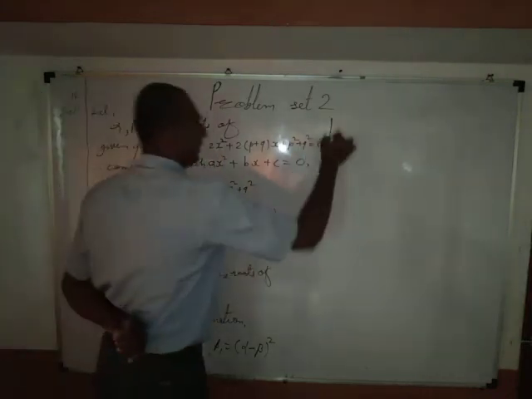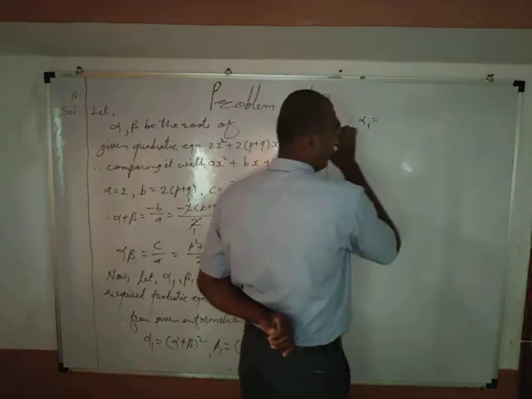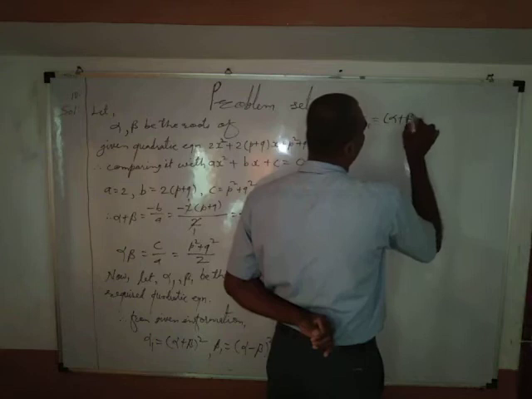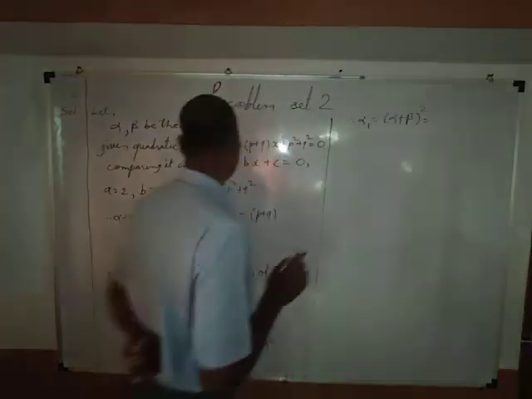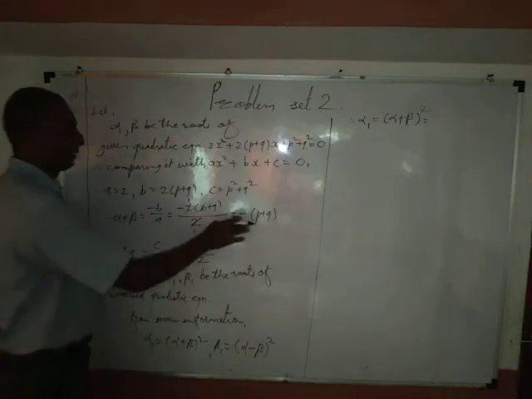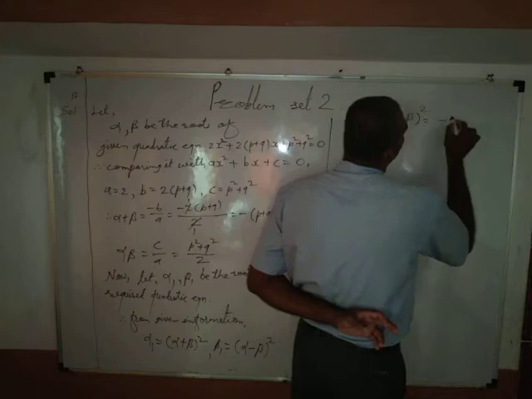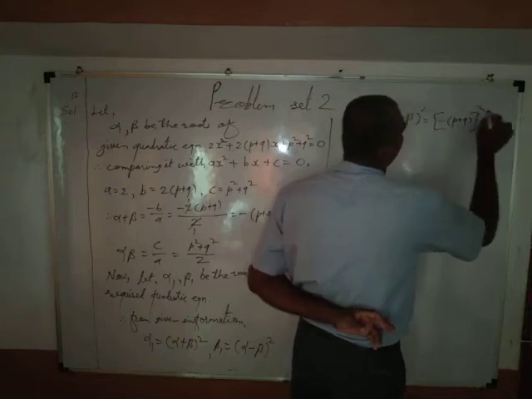Okay, and therefore alpha 1 will be equals alpha plus beta its square, and value of alpha plus beta is minus (p plus q), minus (p plus q) its square.